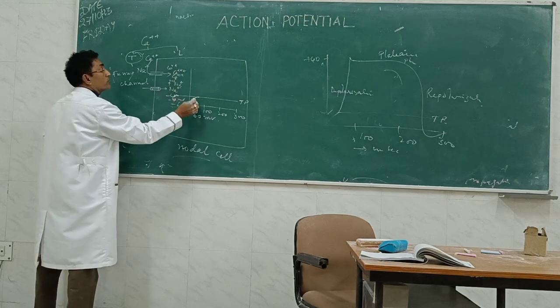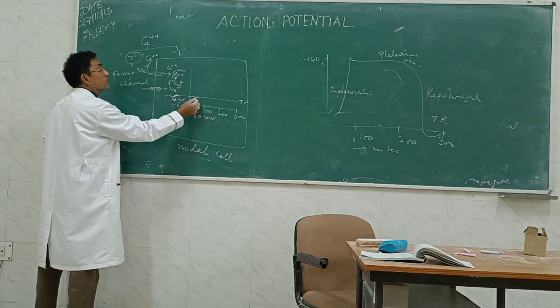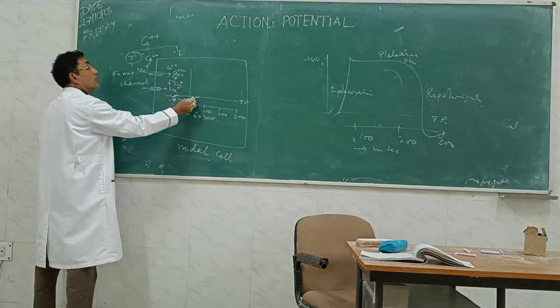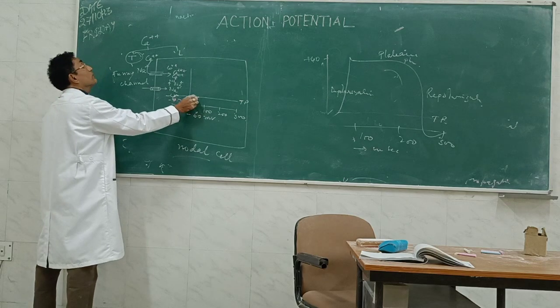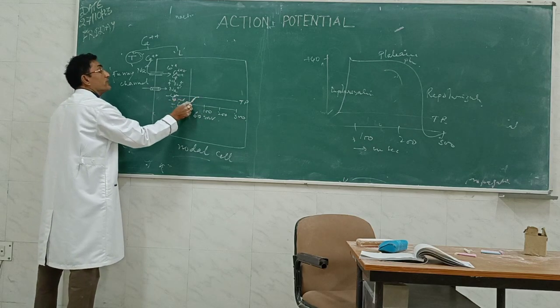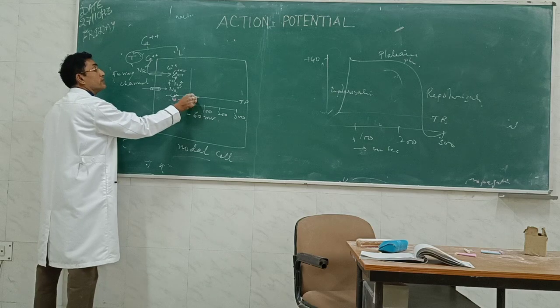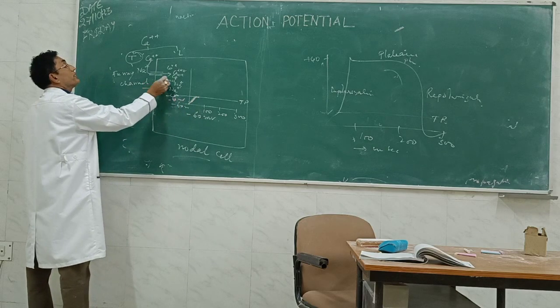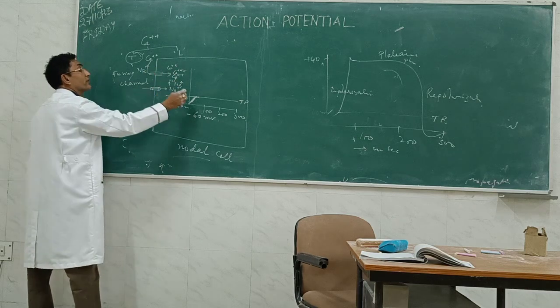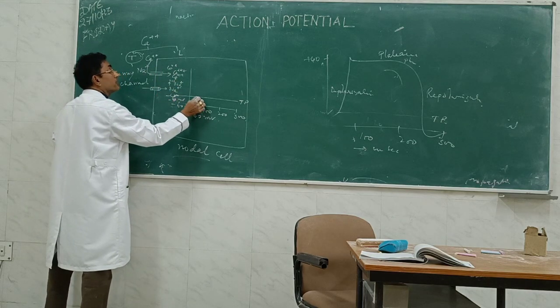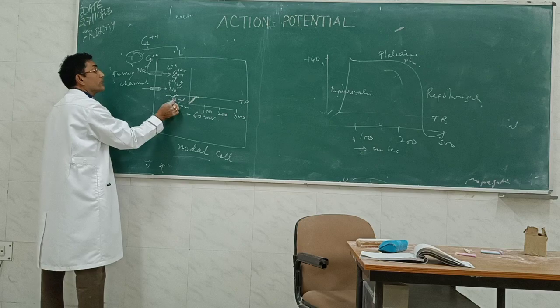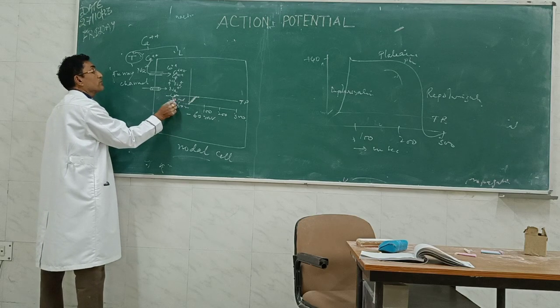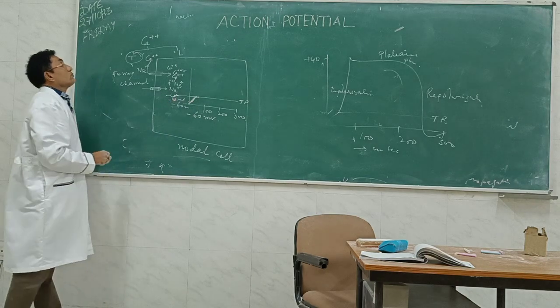It means the threshold potential is coming. The potential is reaching up to the threshold potential because of the entry of calcium ion, which helps bring the potential from minus 55 to minus 40.